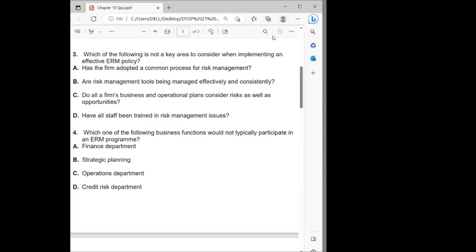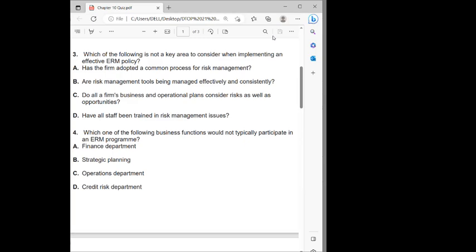When you look at the risk policy, if you think that the staff is not trained, then let us develop the policy to suit the staff. That is a wrong approach.